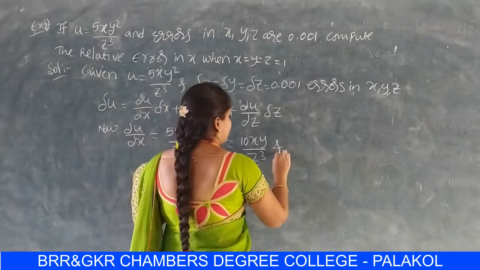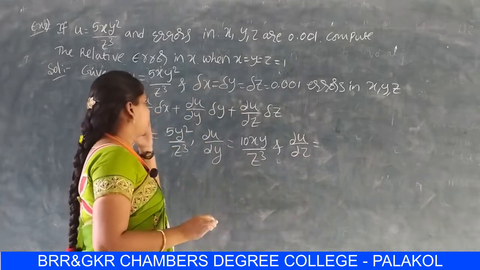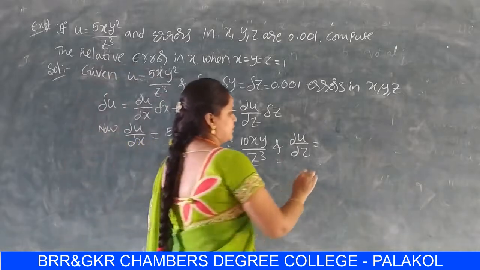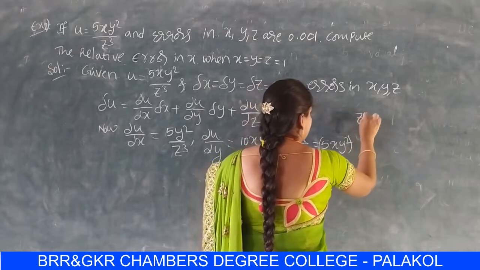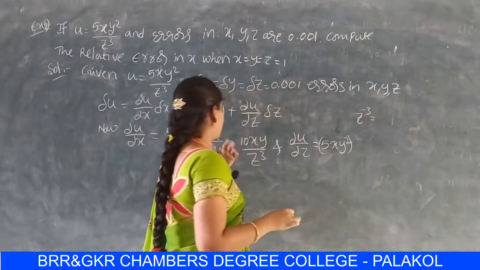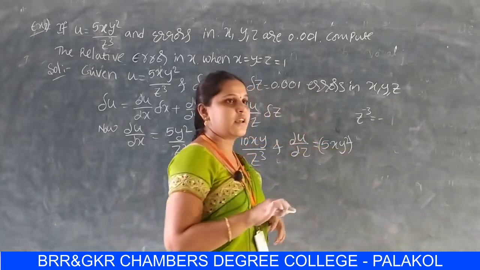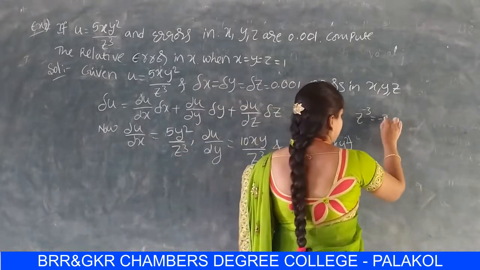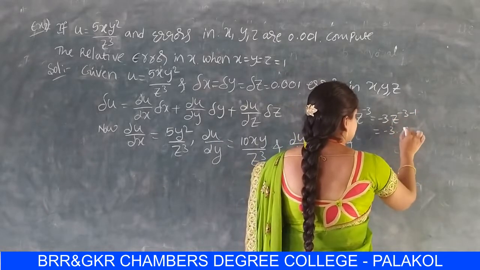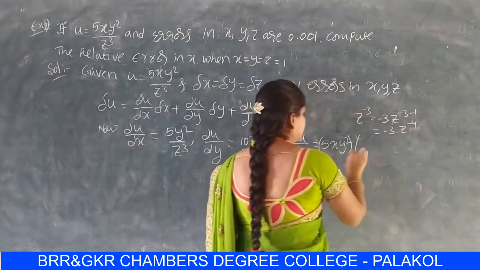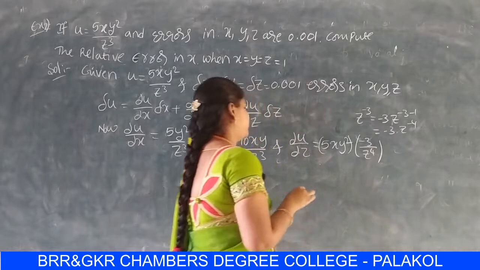And dou u by dou z is 5xy square, which is constant, and the derivative of 1 by z cube, that is z to the power of minus 3. The formula for x to the power of n is n into x to the power of n minus 1. So this is minus 3 into z to the power of minus 3 minus 1, which is minus 3 into z to the power of minus 4. So this value is minus 3 by z to the power of 4.